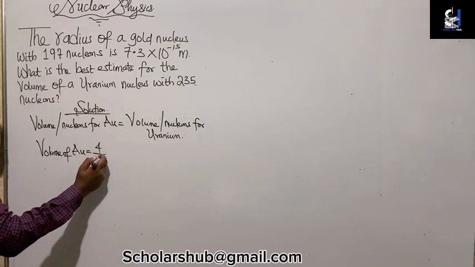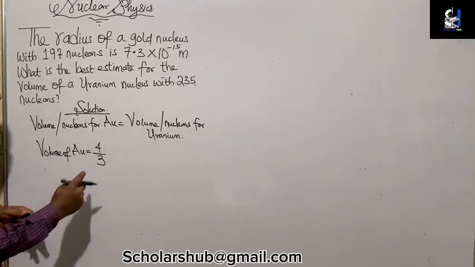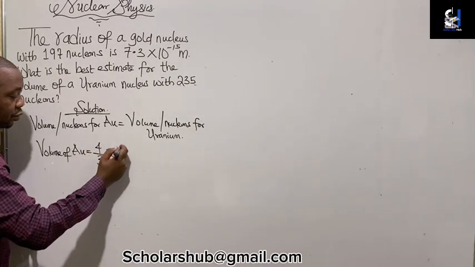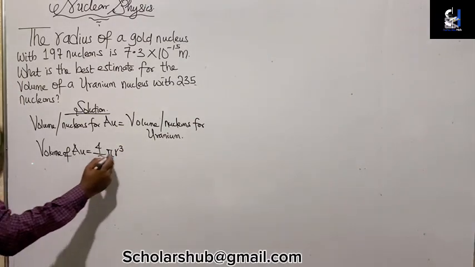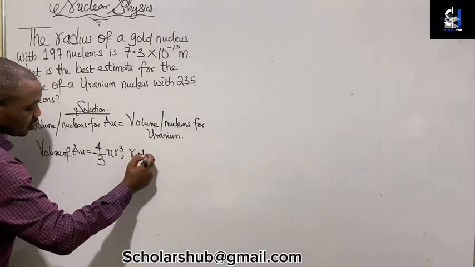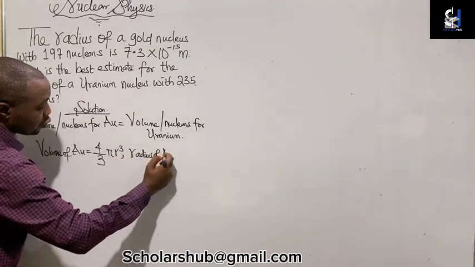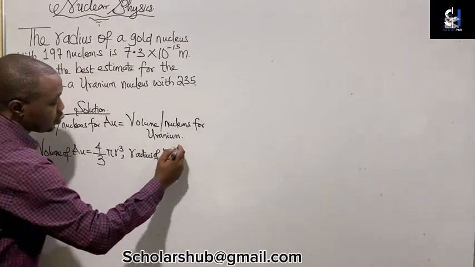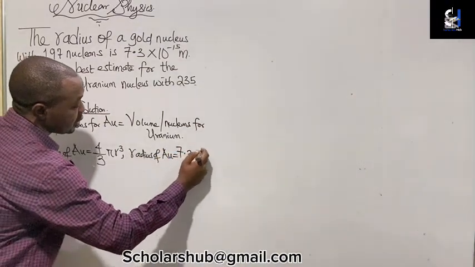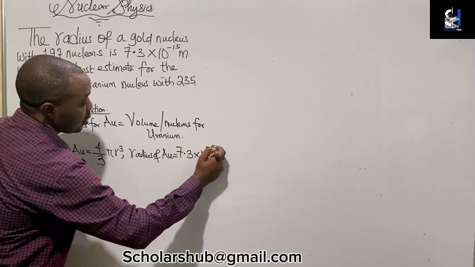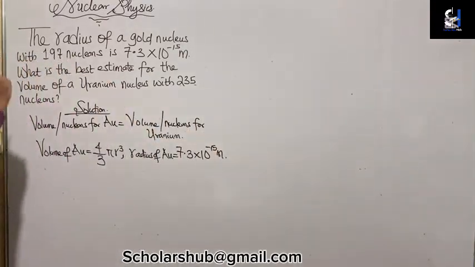The volume of a sphere is 4 over 3 pi r cubed. We are given the radius of gold, which is 7.3 times 10 raised to the power of minus 15 meters.